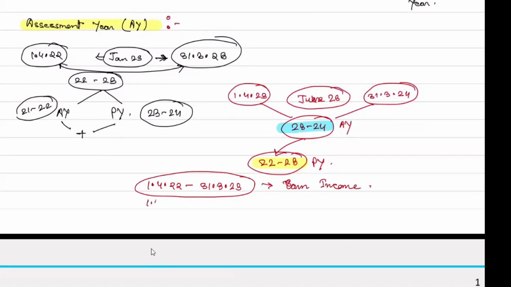And this 1st of April 2023 to 31st of March 2024 will be the year in which tax on this said income will be calculated. Correct?